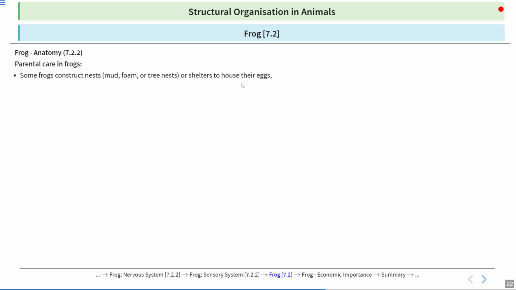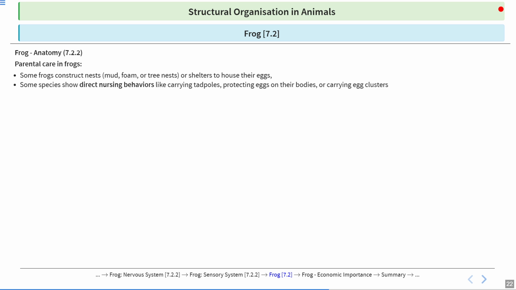But this nest should have some shallow water or splashes of water so that the eggs do not die. And once the larvae come out, they can move into that water, which should be in the surrounding shelter or nest that they have made.